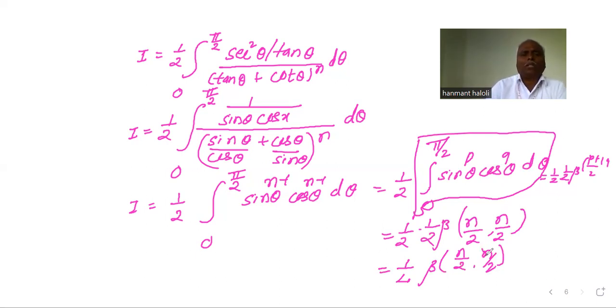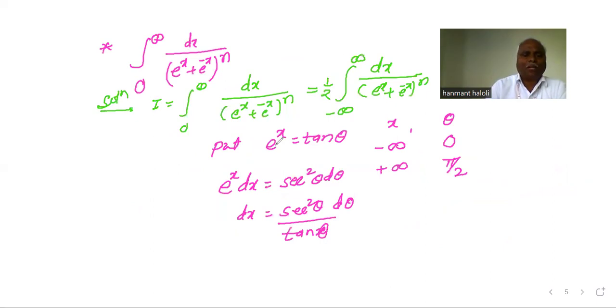Now here we only have to get an idea of how to substitute and when to put it here. Just check it. e raised to x equal to t. This is a very important substitution. You have to substitute here.